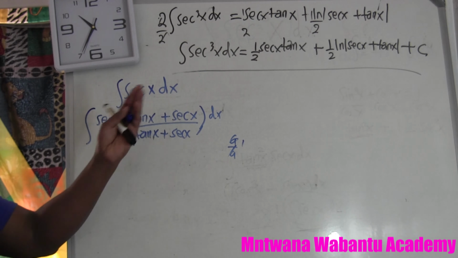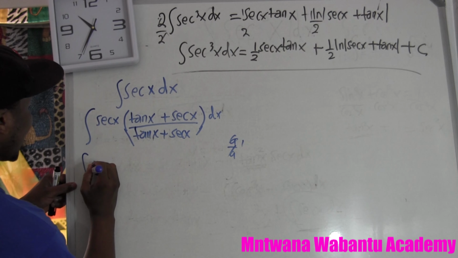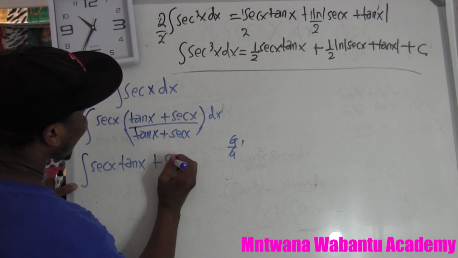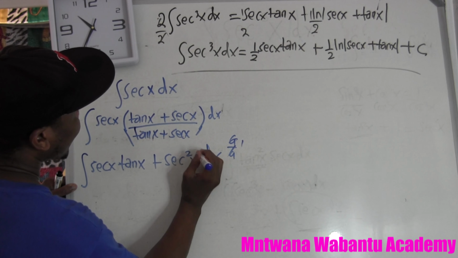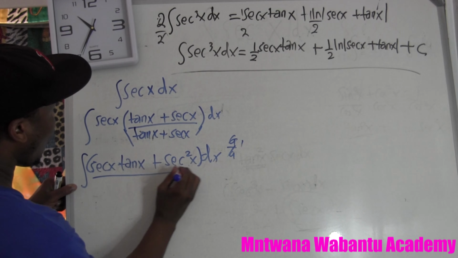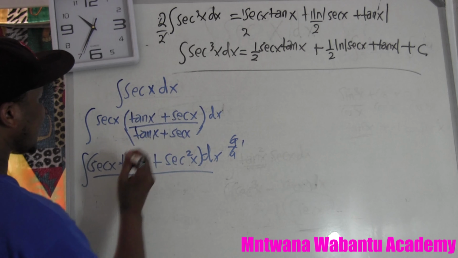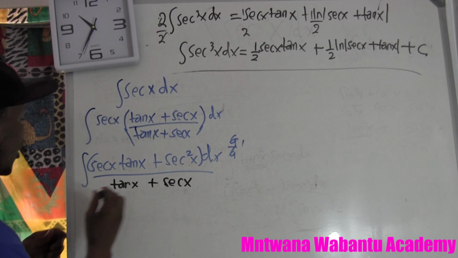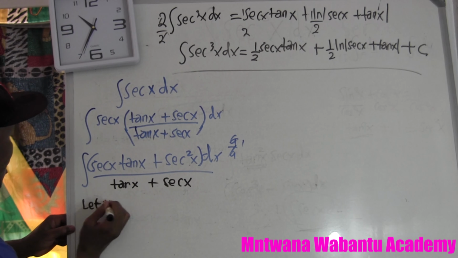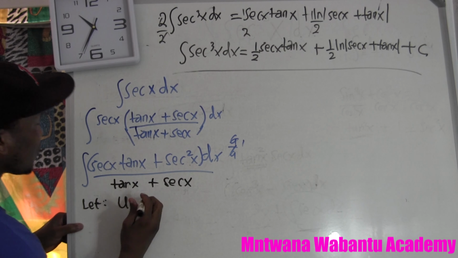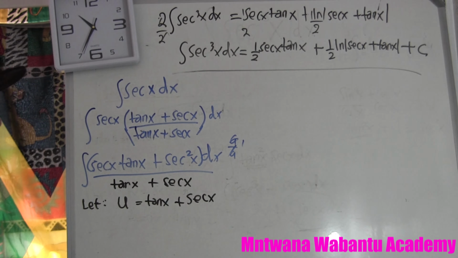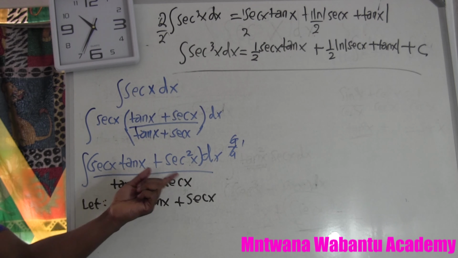So what I'm going to do is multiply this out, so this is the integral of sec x tan x plus sec squared x dx over tan x sec x plus sec x. So I'm going to let u equal to this one right here, sec x plus tan x, and then differentiate, because I know this is going to be substitution.